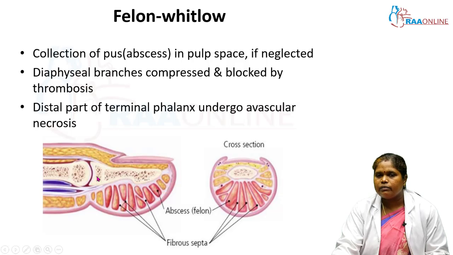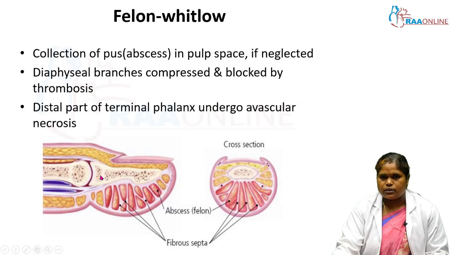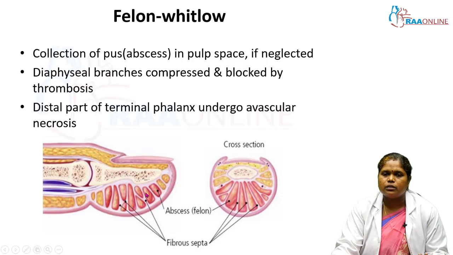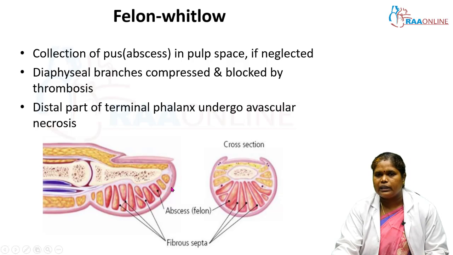So, that artery will not be compressed in the case of pulp space infection. So, the base of the distal phalanx alone escapes from avascular necrosis. The other part will undergo avascular necrosis if the pulp space infection is left untreated. Okay. This is a very important surgical point you have to remember, the avascular necrosis of the distal phalanx.